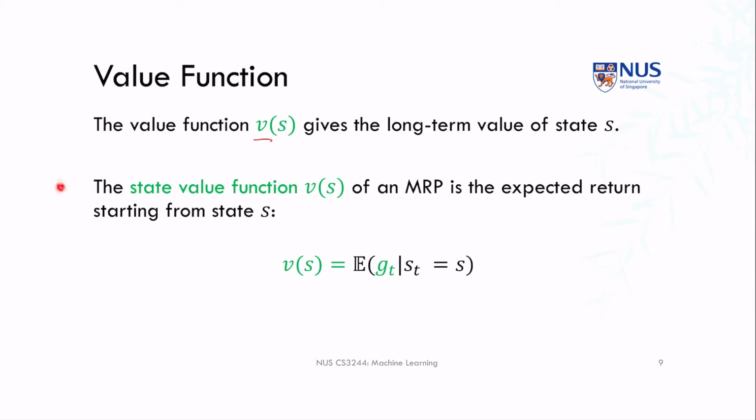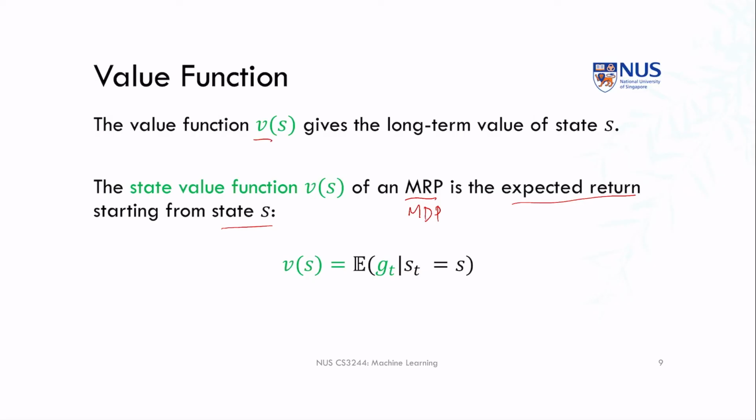So it's going to be the expected return starting from state S, and this can be true of an MRP, a Markov reward process, as well as an MDP. An MDP has the actions as well, so in the case of an MDP, we have an extra term here. It's going to be conditioned not only on the state, but also on the action, being a particular action that we pick.